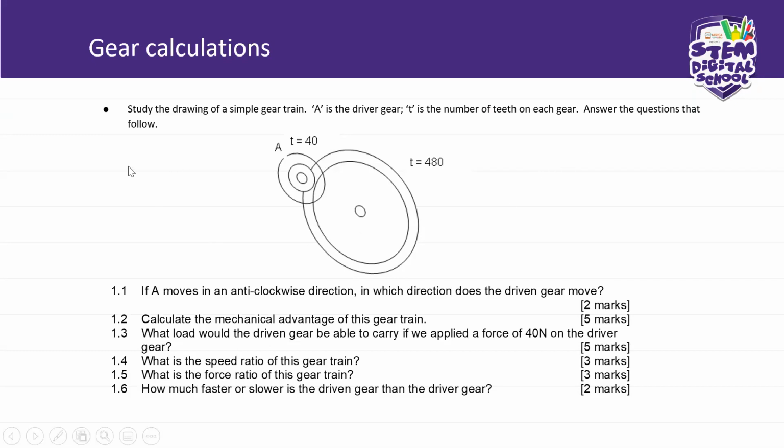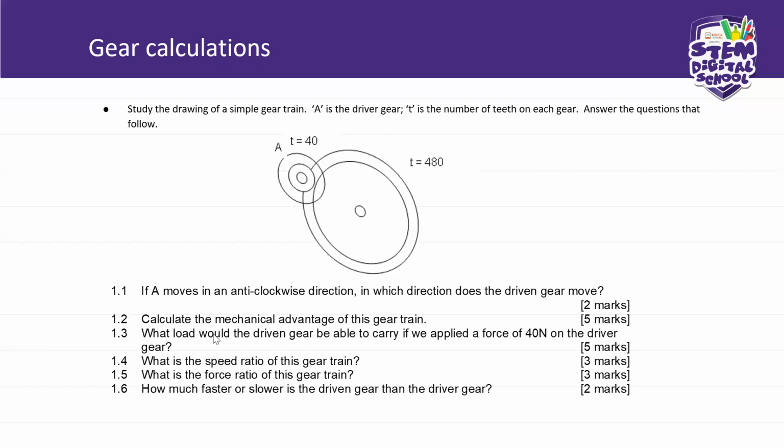Answer the questions that follow. If A moves in an anti-clockwise direction, in which direction does the driven gear move? It moves clockwise, because any two meshed gears rotate in different directions.